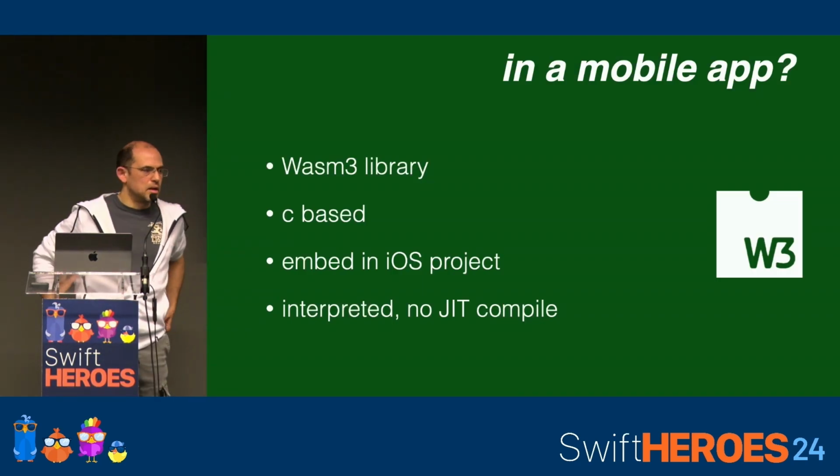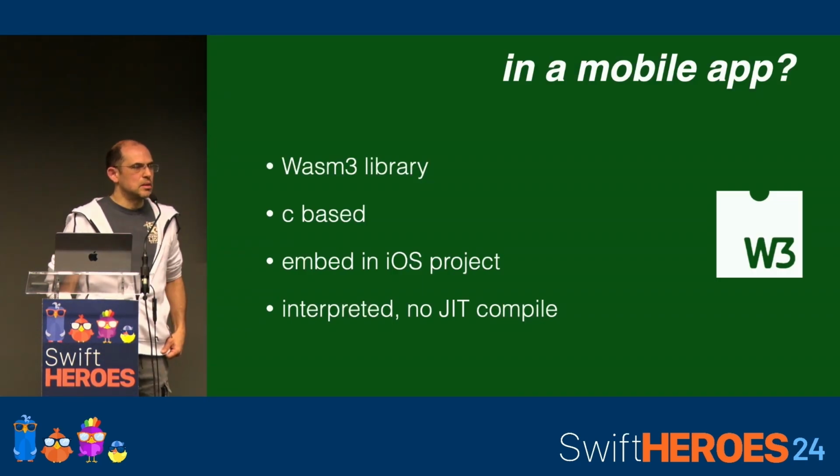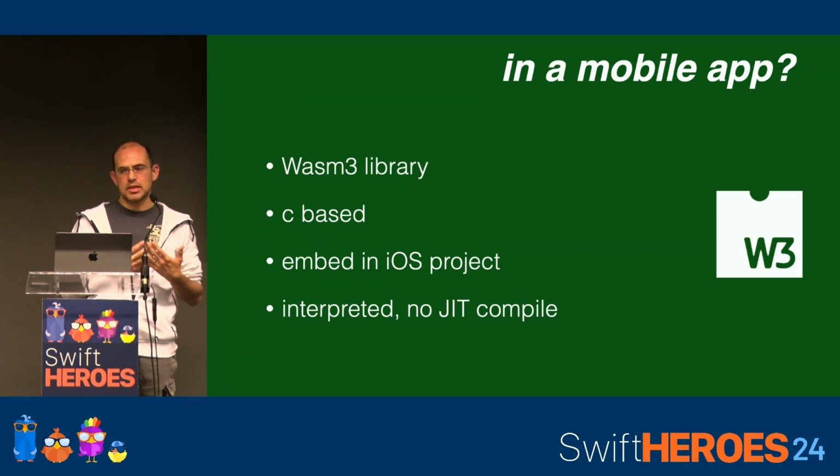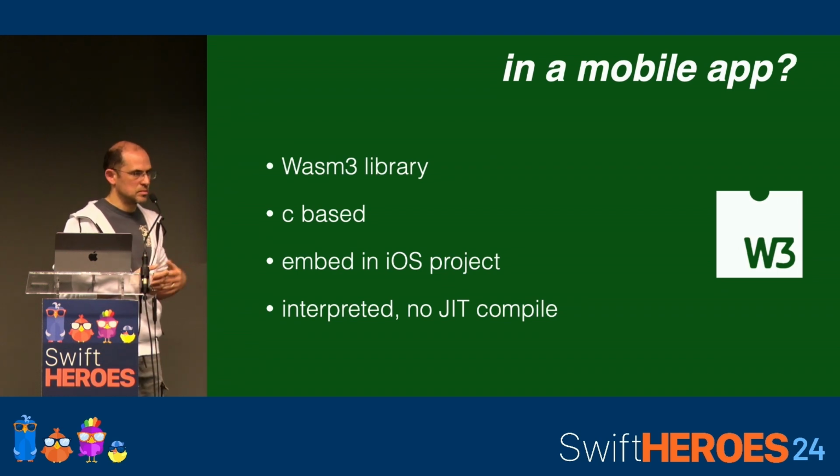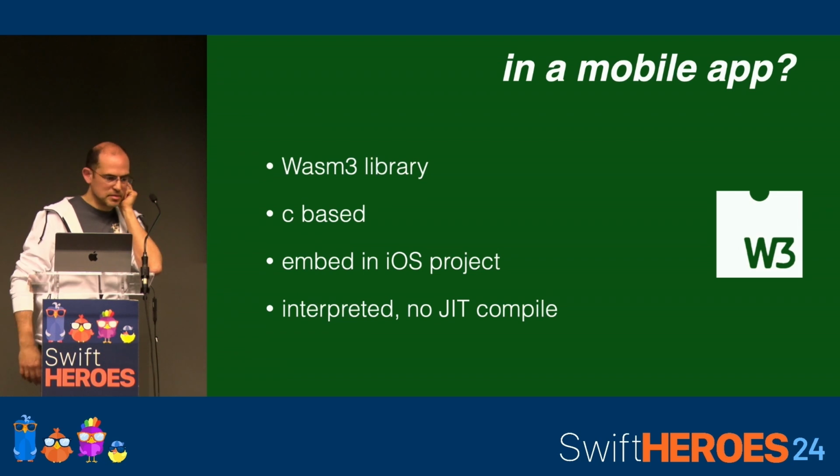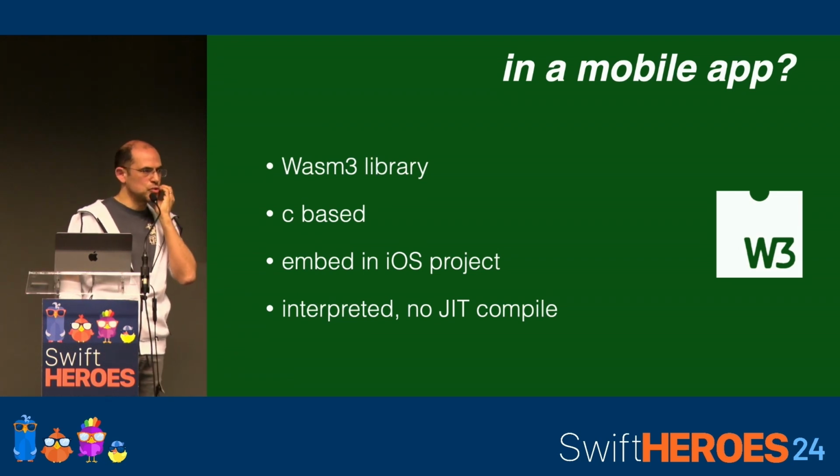The last interesting point is, could I do that in a mobile application? Could I use WebAssembly to add some other modules, other functionality in an existing Swift native application? Yes. There are two or three solutions.